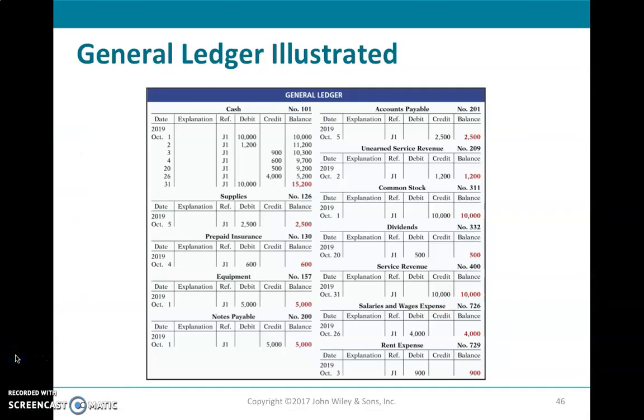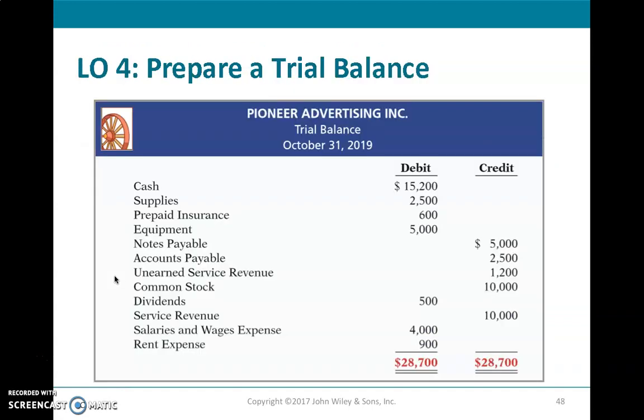So after we do the transfer to our general ledger, all journal entries have been transferred. The next step is to prepare an internal report called a trial balance. In the trial balance, you have to write the name of the company, the name of the report, and the date, which is always the end of a month.